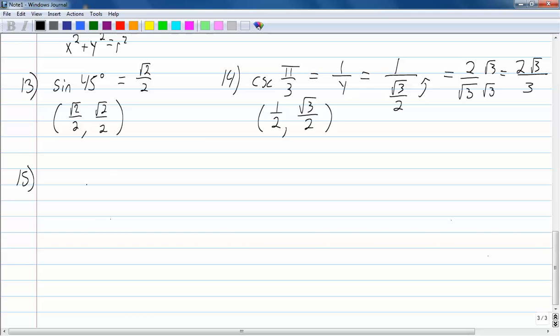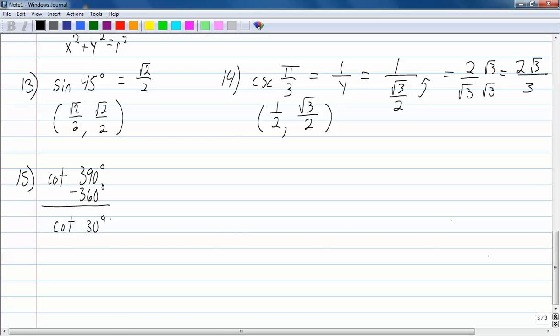Number 15, the cotangent of 390 degrees. 390 degrees is larger than 360 degrees. Anytime we have an angle measure that is larger than 360 degrees, we can subtract 360 degrees from that. That goes one complete revolution around. So the cotangent of 30 degrees is the same as the cotangent of 390 degrees.